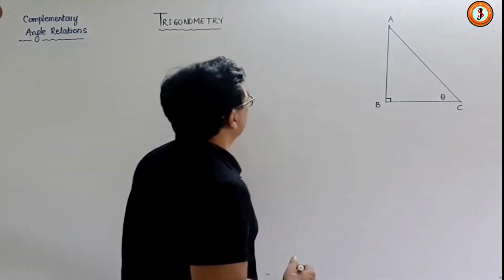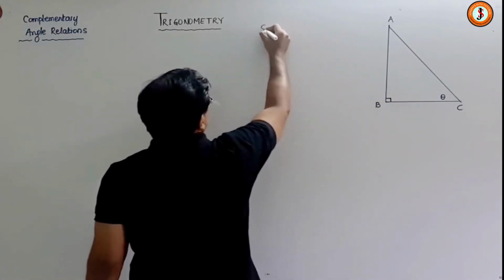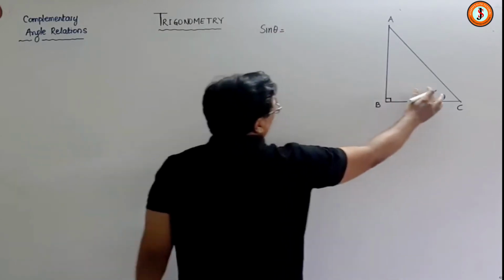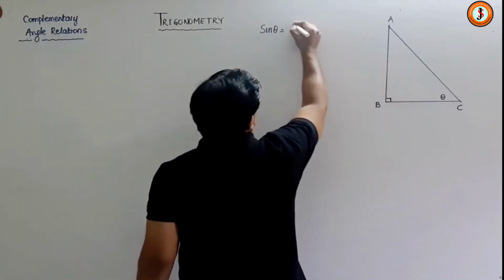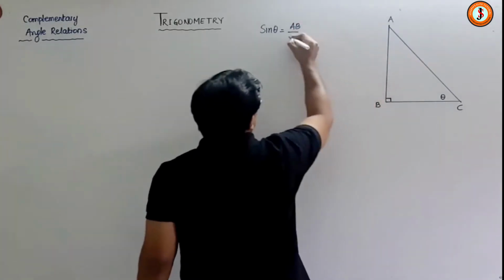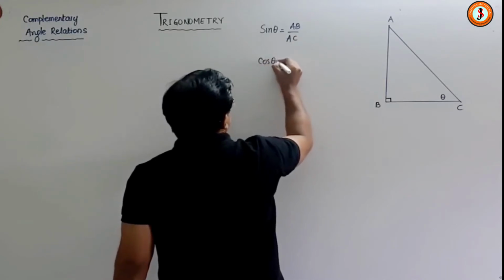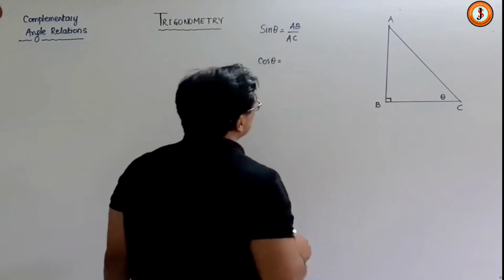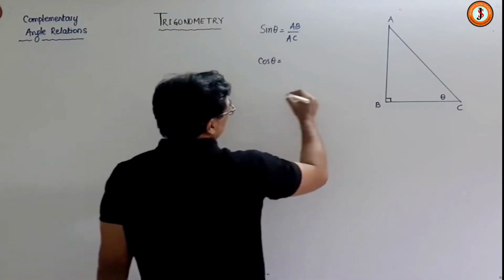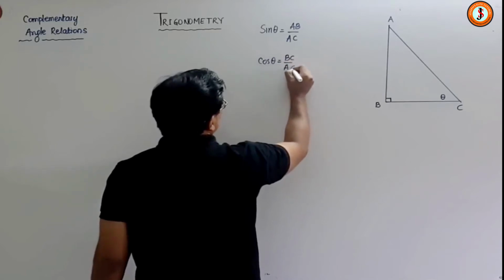Let us try to find out all the trigonometric ratios having this angle theta. So sine theta is equal to opposite, that is AB, by hypotenuse, that is AC. Cos theta is equal to adjacent by hypotenuse.